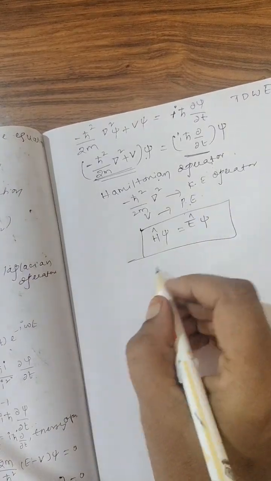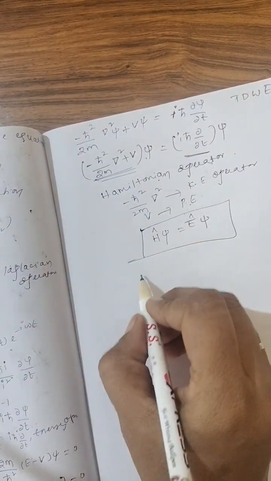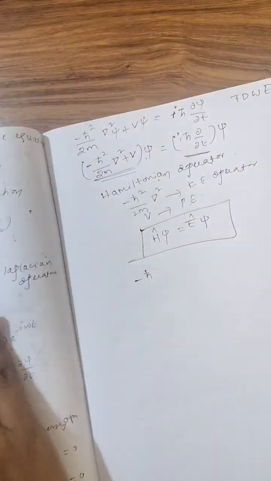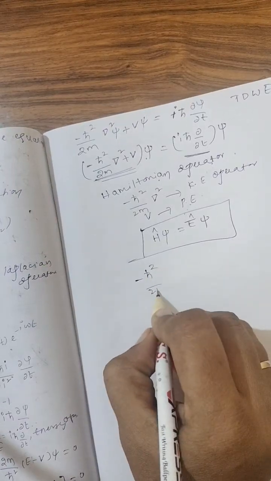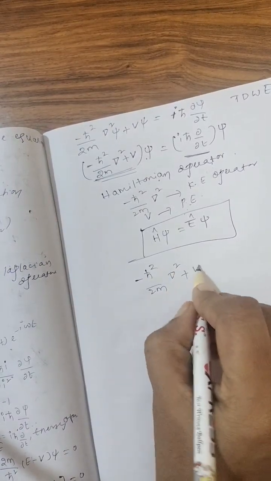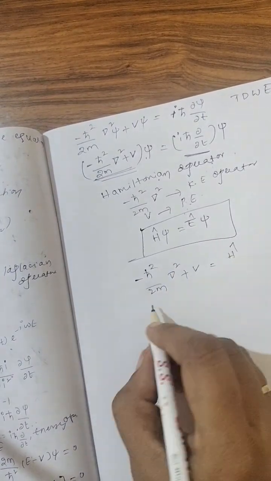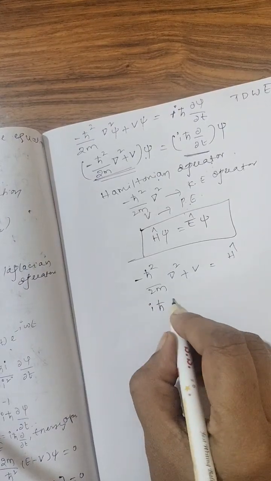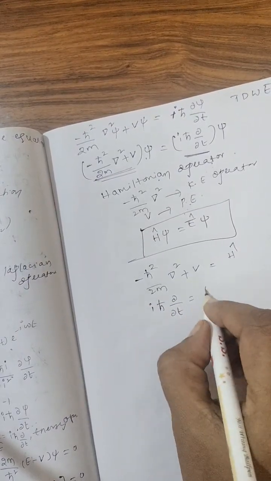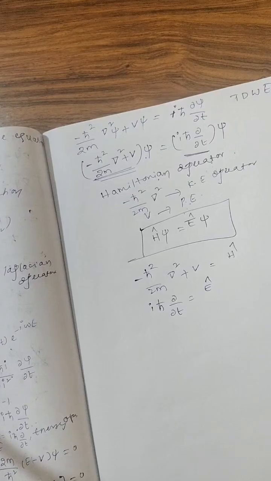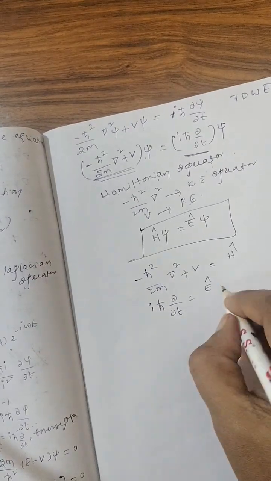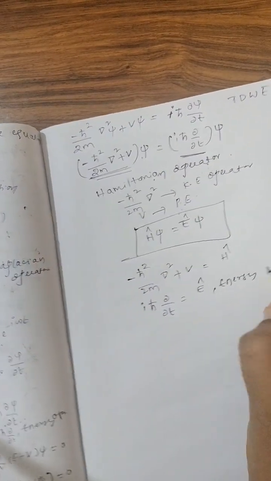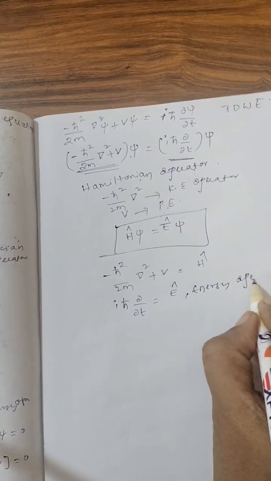So this is Hamiltonian operator, minus h cut square by 2m del square plus V, and I h cut dou by dou t is energy operator. Correct? It is energy operator.